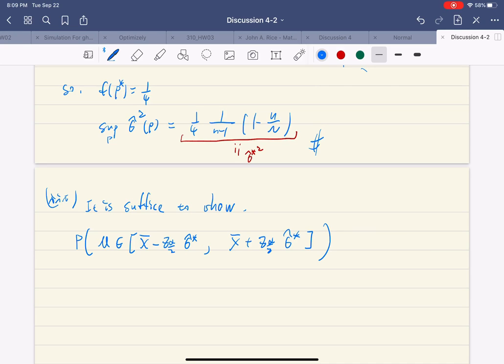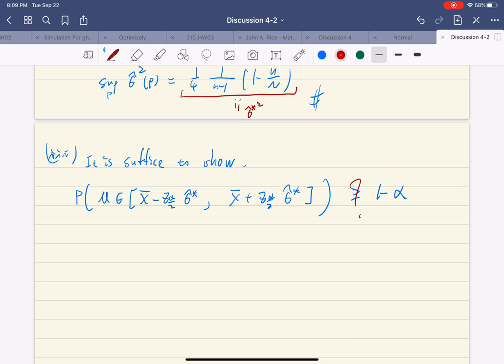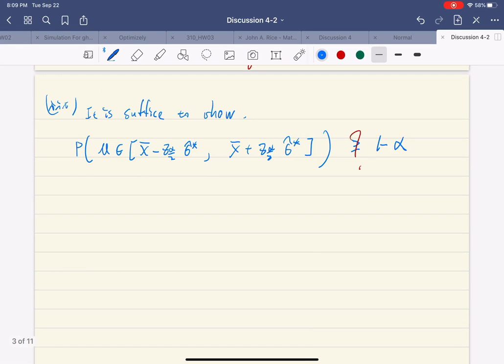And this probability is greater than or equal to 1 minus alpha. Okay, so this is the question. So now we calculate this probability. This probability is equal to the probability that mu is greater than the left-hand side and smaller than the right-hand side.